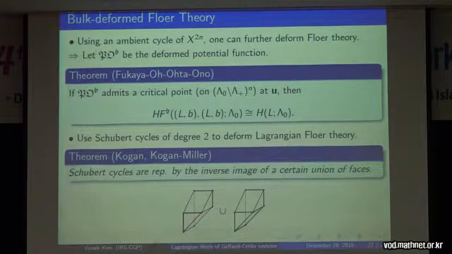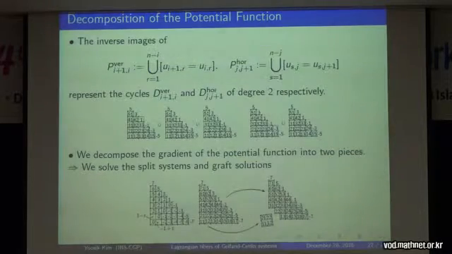So a single facet may not represent a cycle, but their result says that if you take some miraculous combination, then they will represent a cycle. You can use the pipe diagram or reduced RC diagram to check which faces represent a cycle. So here is a rough picture. In the ladder diagram case, their result can be interpreted as a vertical Schubert divisor and a horizontal divisor. I'm going to use those cycles to deform the Floer theory.